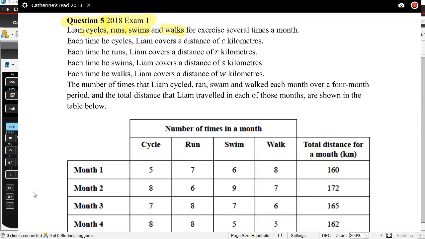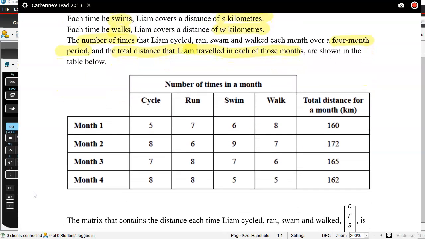Each time he cycles, Liam covers a distance of c kilometres. Each time he runs, he covers r. Each time he swims, he covers s. Each time he walks, he covers w kilometres. The number of times that Liam cycled, ran, swam, or walked each month over a 4-month period, and the total distance that Liam travelled in each of these months are shown in the table below.